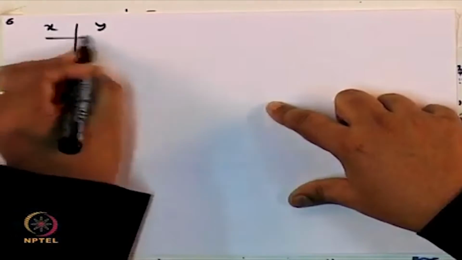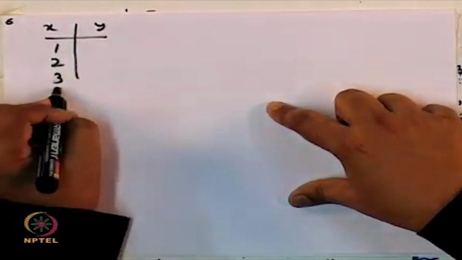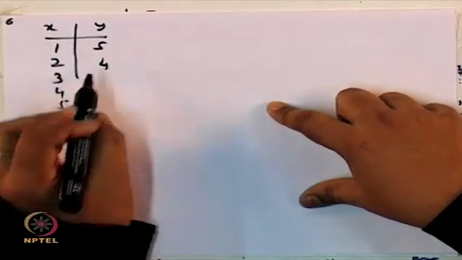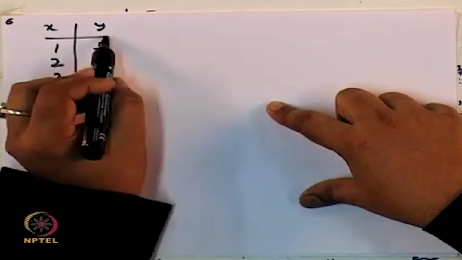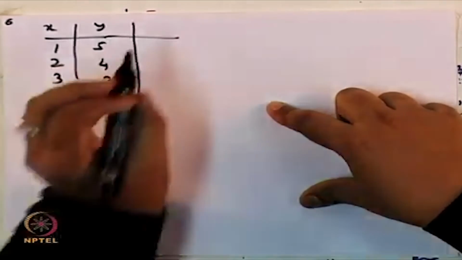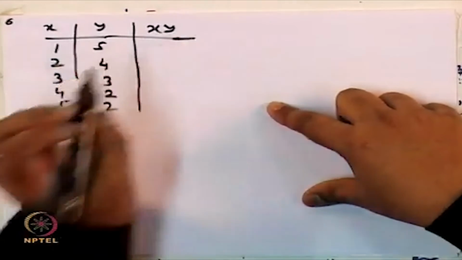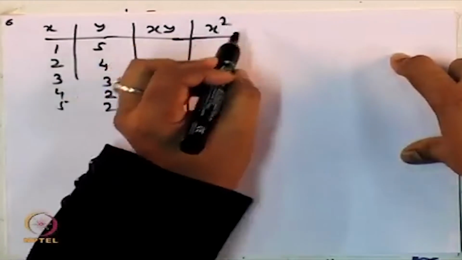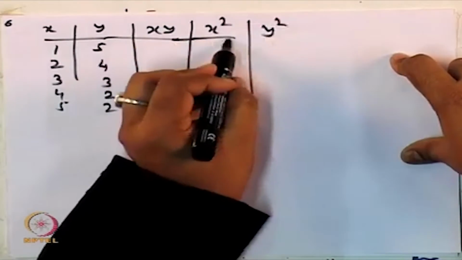I will again write down the values of x: 1, 2, 3, 4, 5, and y is 5, 4, 3, 2, 2. I can write x y, I can write x square and y square.